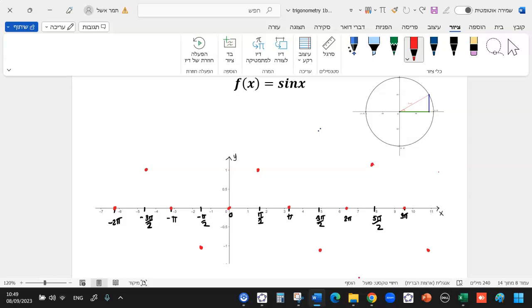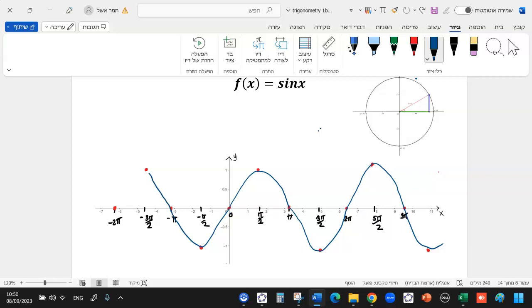We have the main points, so we can try to sketch the wave-shaped function. Let's start with this. This is half the circle, and then the second one. And it continues, and so on. Also, for the negative part, we have this shape. And it goes on and on.